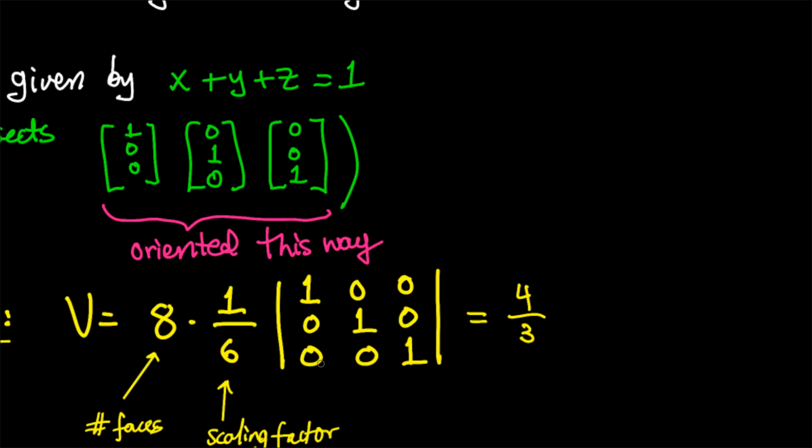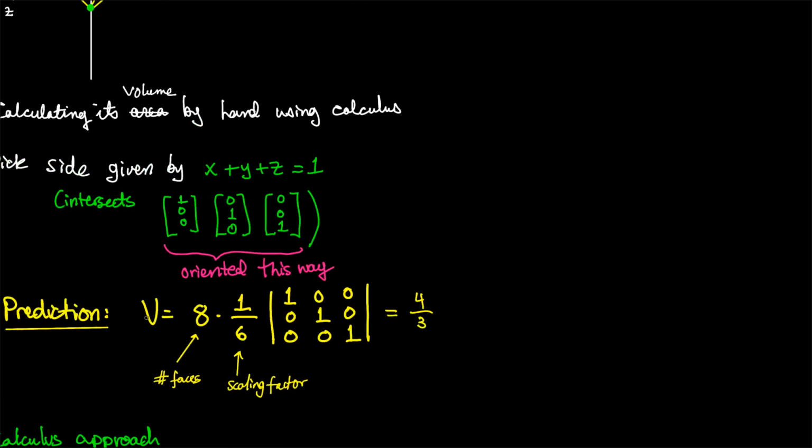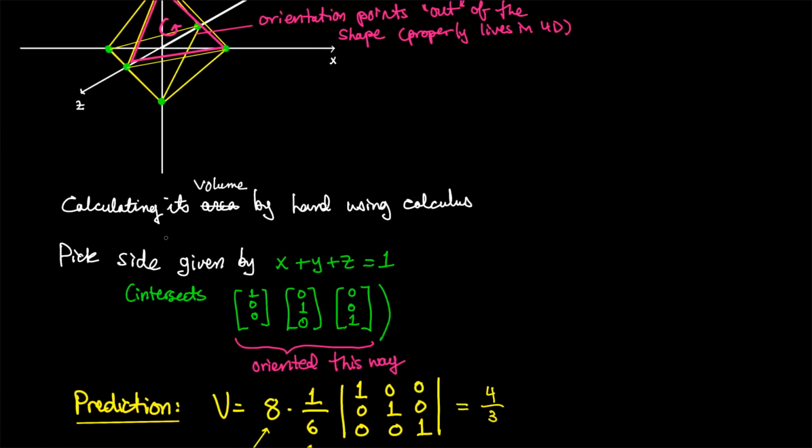We put that into a matrix and take its determinant. This is the identity matrix. Its determinant is 1. Prediction: the volume will be 8 faces times 1/6 times the signed volume of this triangular face, and that'll be 4/3. So that's our prediction naively.